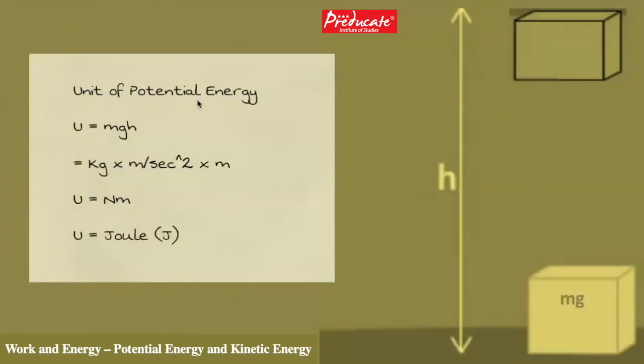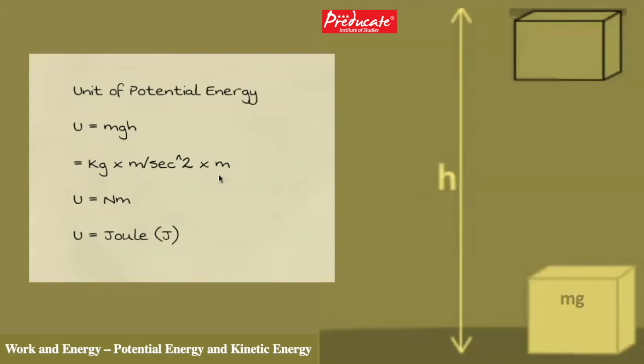Unit for potential energy. As we know, potential energy has the symbol U. U is equal to mgh is equal to kg into meter per second square into meter.